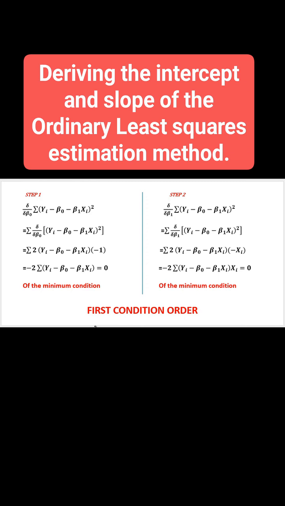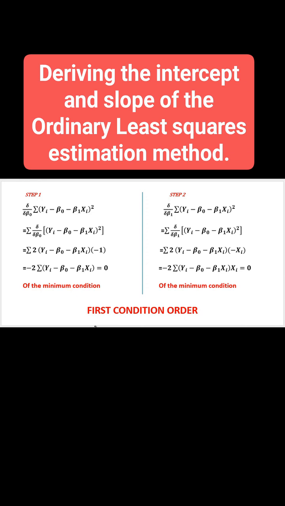Since we are using calculus, we would use the power rule. So it would be equal to sigma of 2 times yi minus beta 0 minus beta 1 xi, and then you would be multiplying the whole equation by -1.